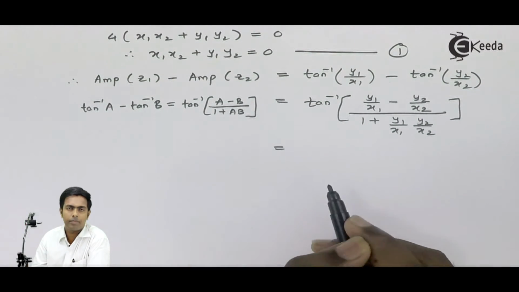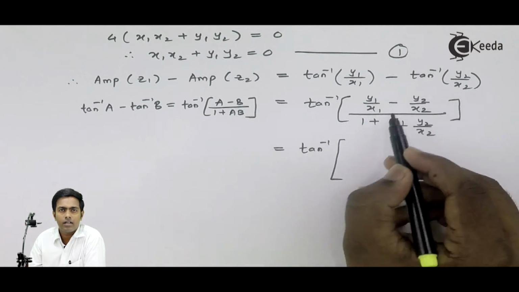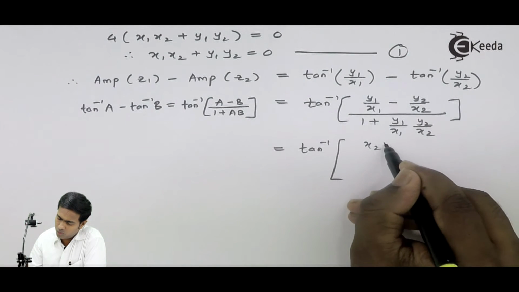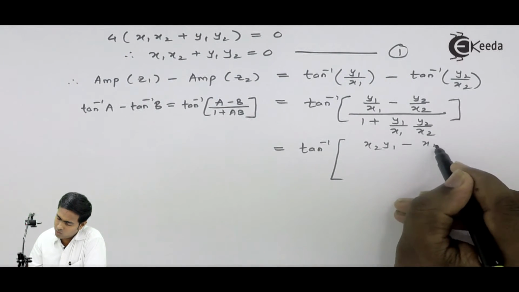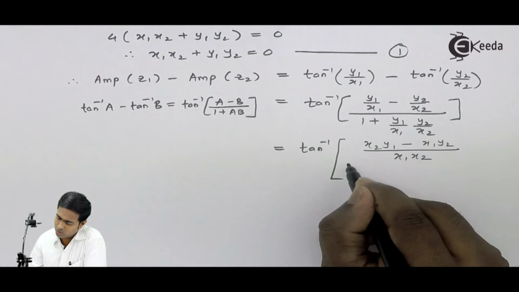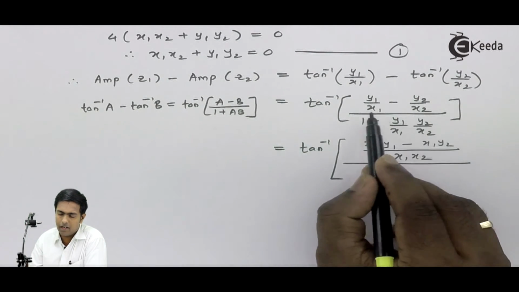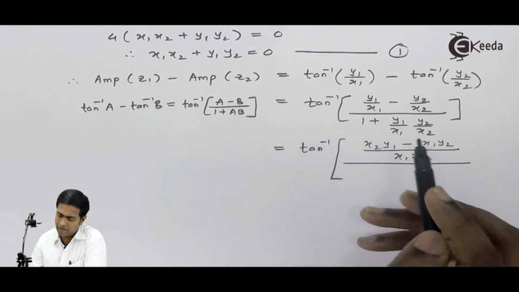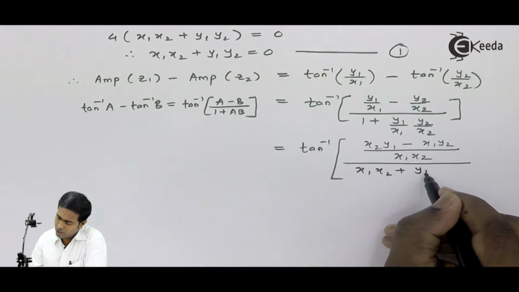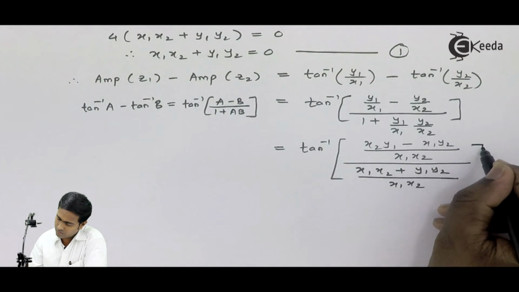Now next step, in the numerator I will take LCM and I'll get x2 y1 minus x1 y2 upon x1 into x2. Similarly, here in the denominator I will again take LCM so that I will get x1 x2 plus y1 y2 upon x1 x2.